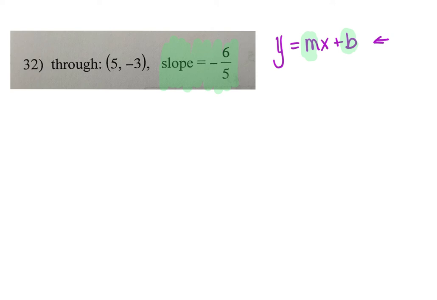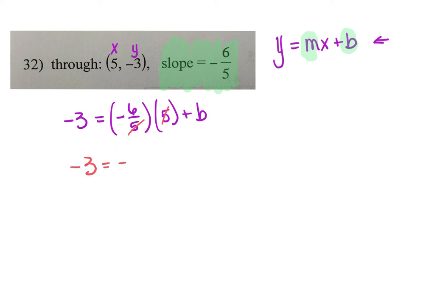So I can take this and I can say this is my x and that is my y. So I'm going to say y equals m times x plus b. And then I'm just going to solve for my b. These 5s will cancel, so I get -3 equals -6 plus b.